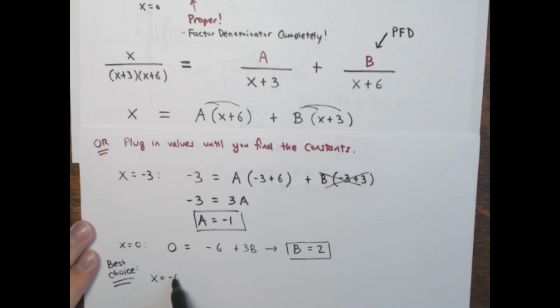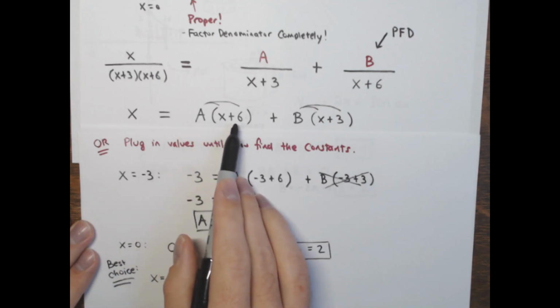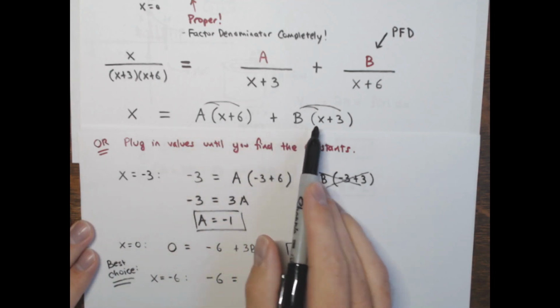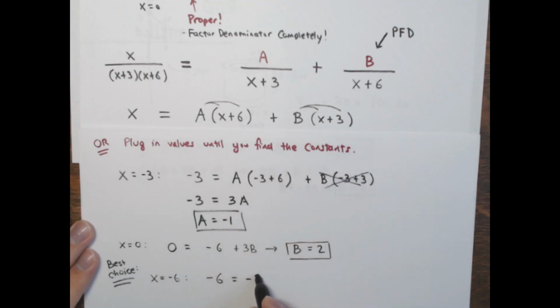All right, if x were -6, on the left side you'd have x, so -6. And then on the right side, a times 0 plus, and then b times -6 plus 3 would be -3. You'd have -3b over here. And then that leads me to b equals +2 as well, dividing both sides by -3.